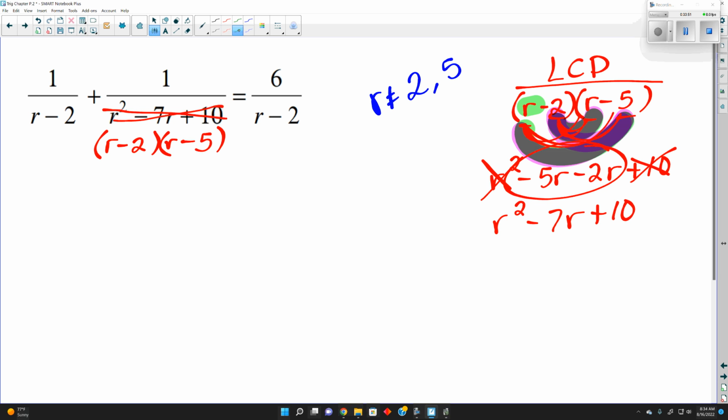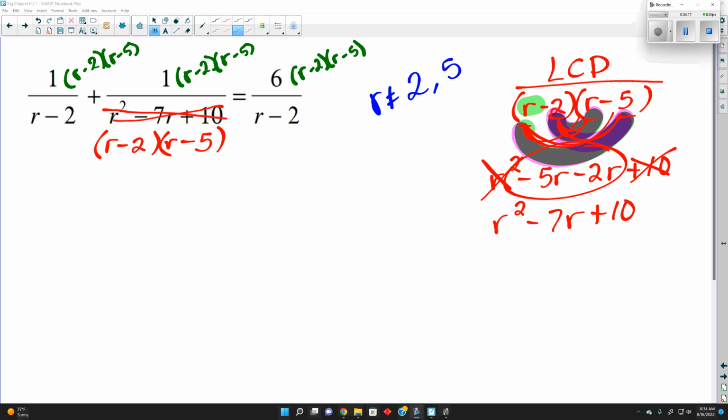All right. Now let's make this a little bit easier to solve. So we'll multiply everything by r minus 2 and r minus 5. All right.